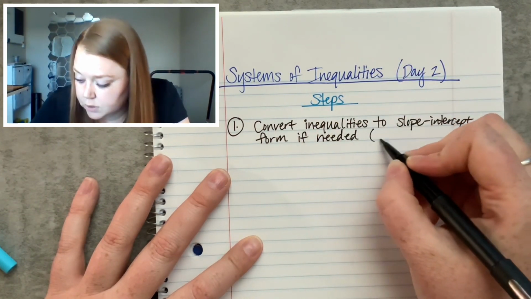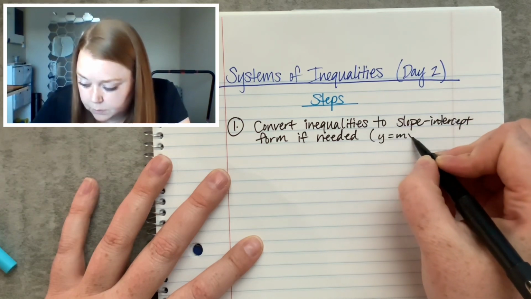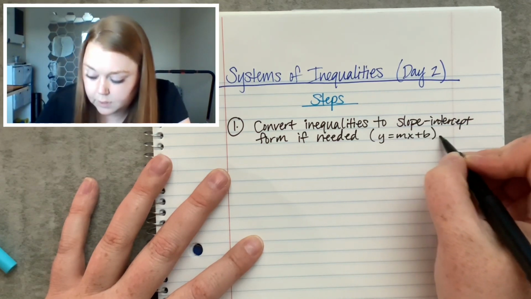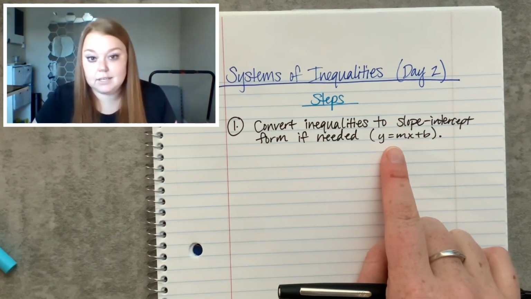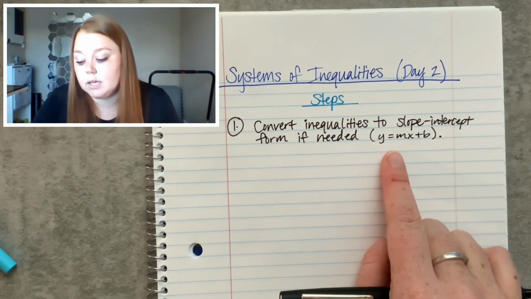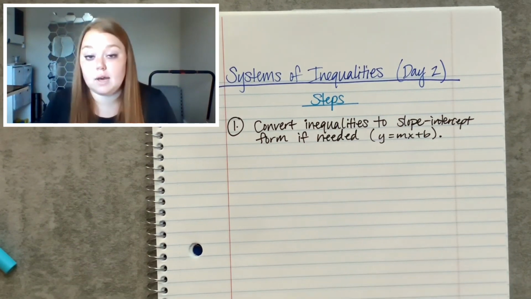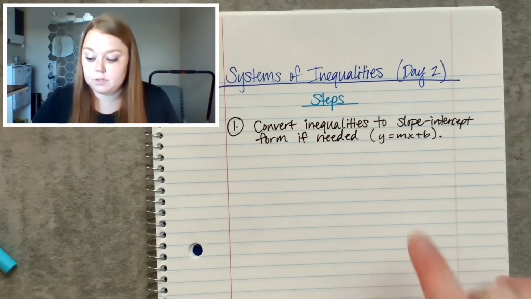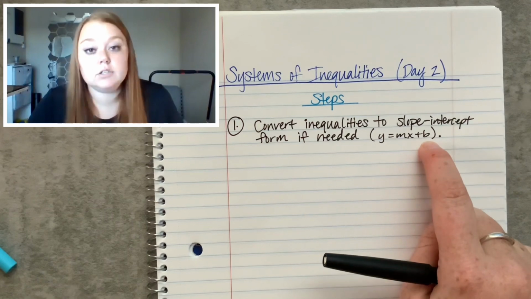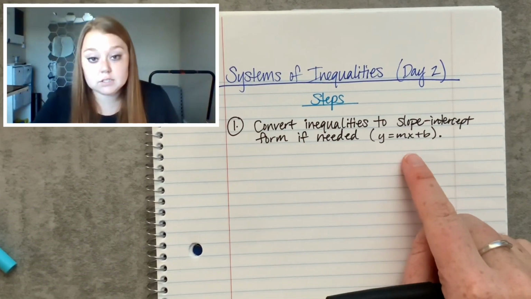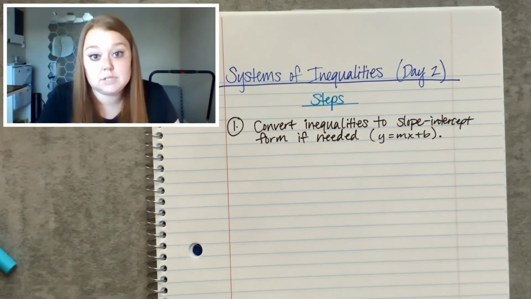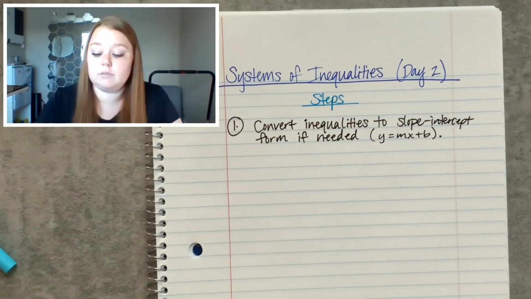And if you want to remind yourself, slope intercept form is y equals mx plus b. And of course, there won't be an equal sign. There might be a less than or greater than or equal to sign, but still we want to rearrange it so that y is isolated on the left, so that you know where to plot your intercept and what the slope is, okay?